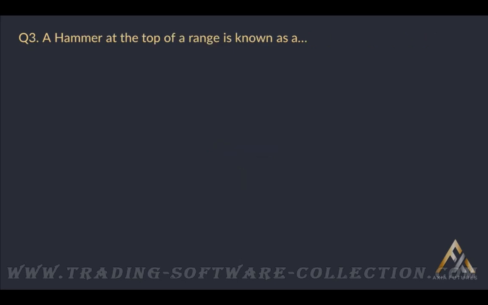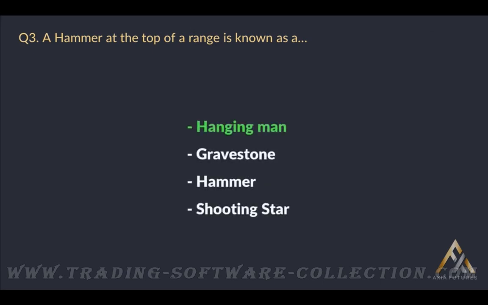Question 3, a hammer at the top of a range is known as a hanging man. It's exactly the same candlestick pattern as a hammer, so you will have a long tail to the downside and then a small body on the candle. However, if this is at the top of the range, it is actually a reversal signal, because what has happened is you've reached the top of the range, we've had some selling, buyers have come back in and driven the market back up.